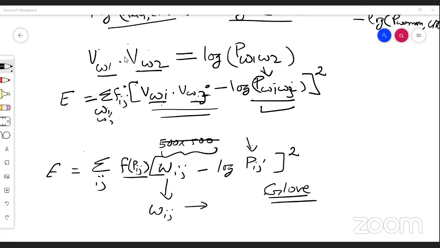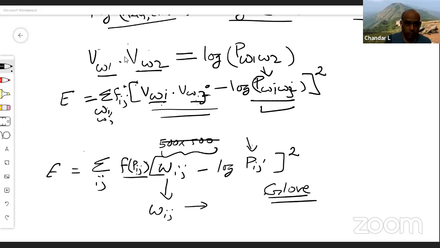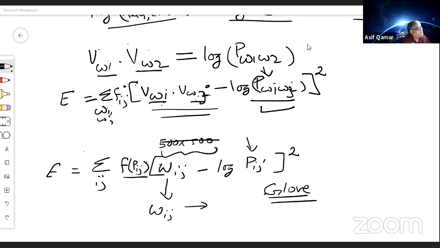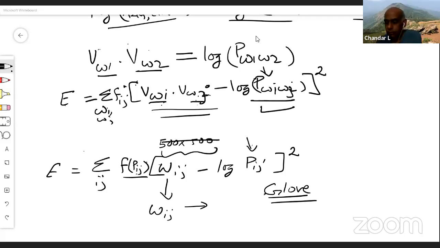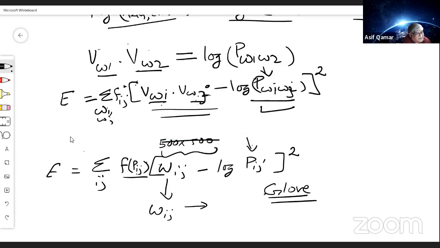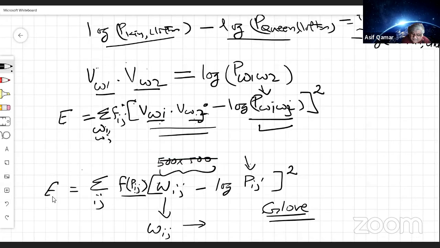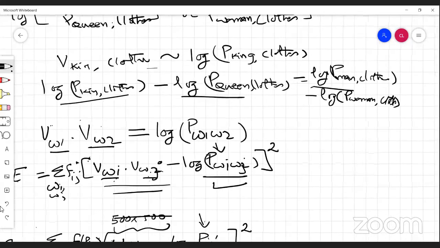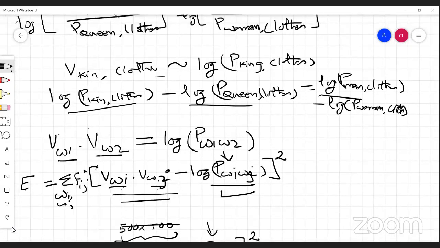Can you please scroll up where you wrote that probability equation, P_ij equal to? Mridul is asking for something. Scroll up a little bit. Yes, further up.